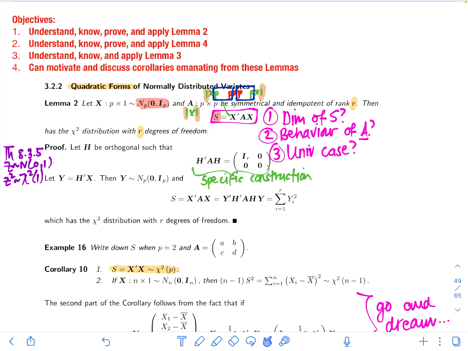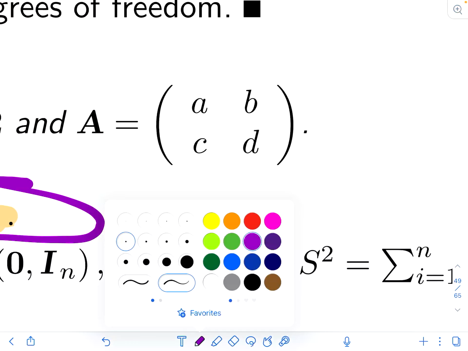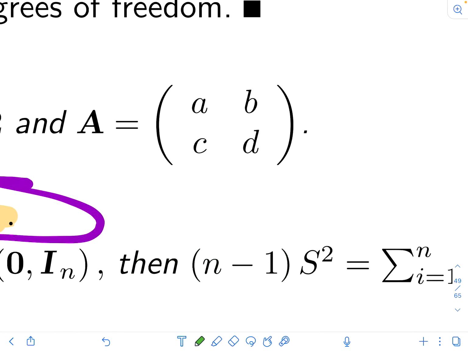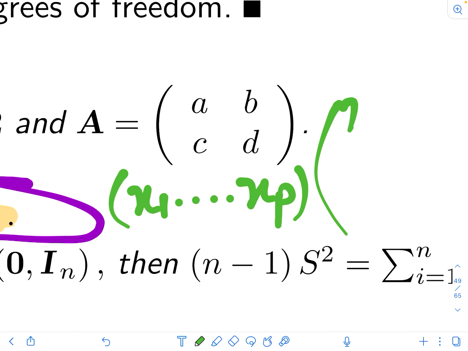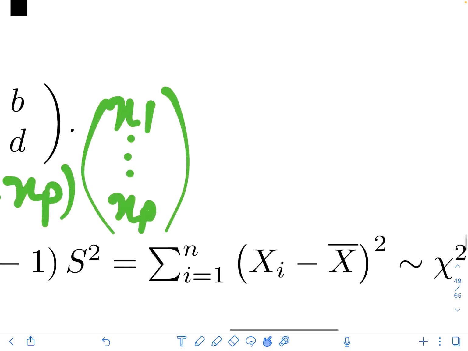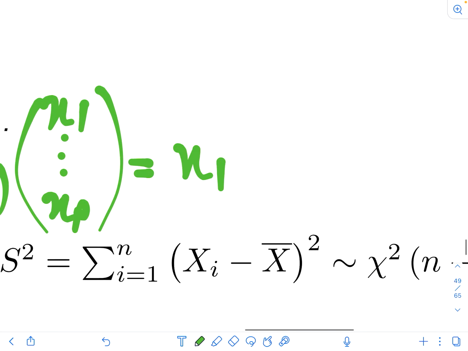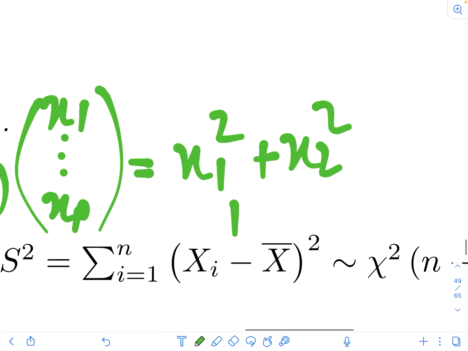Okay, but how exactly does this relate to lemma 2? Well, let's think about what we already have here in corollary 10. X transpose X, if I write this down, means I have X1 up to Xp times X1 up to Xp. If I multiply these out, I'm left with X1 squared plus X2 squared plus all the rest plus Xp squared.